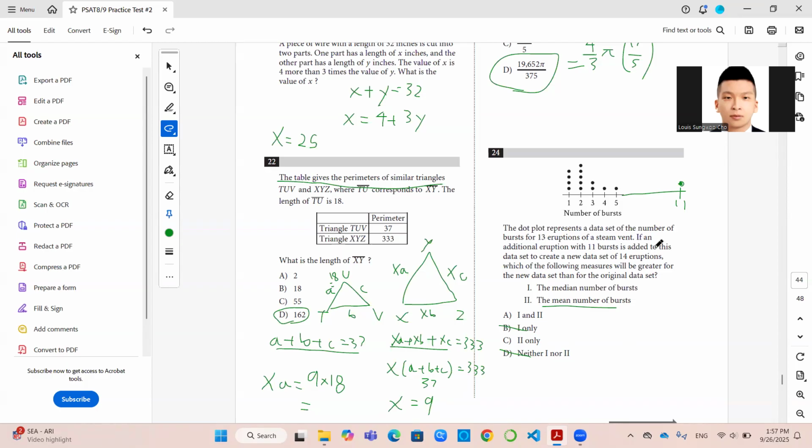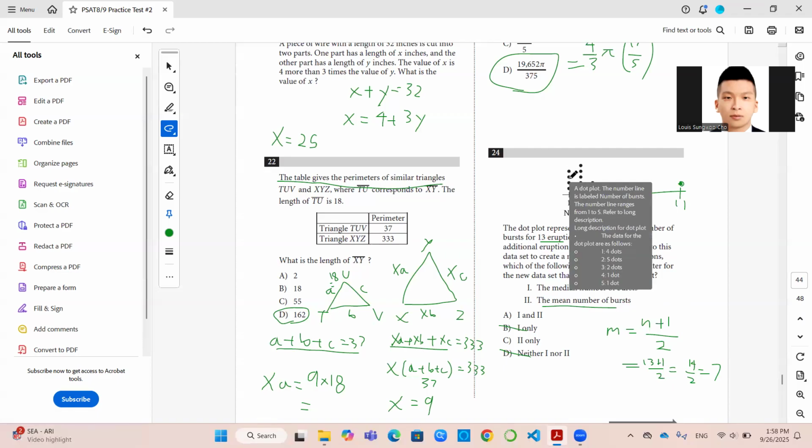However, as you can see here, the median is equal to n plus 1 over 2. And we have 13. So 13 plus 1 over 2, 14 over 2, which is 7. So the median is the 7th value.